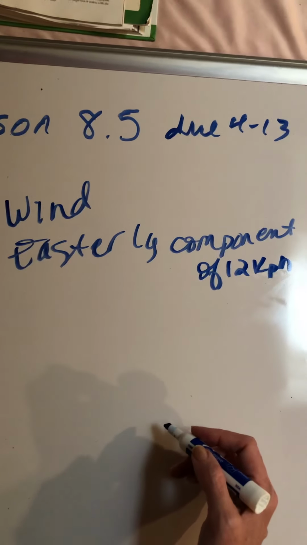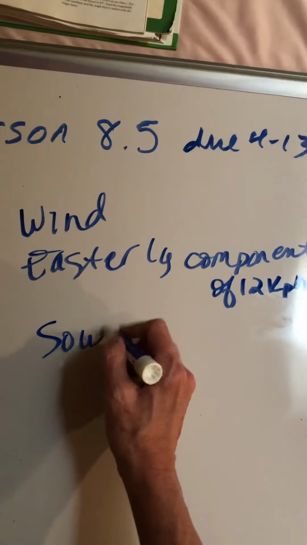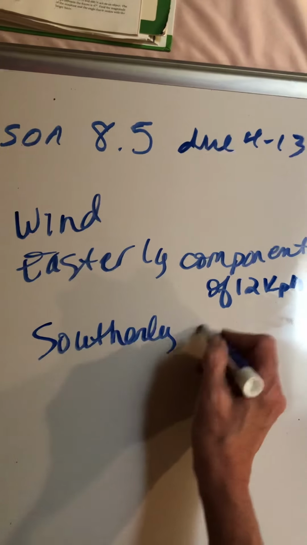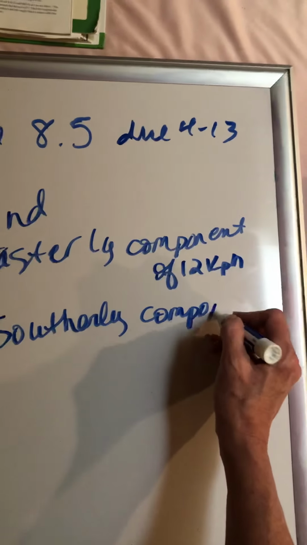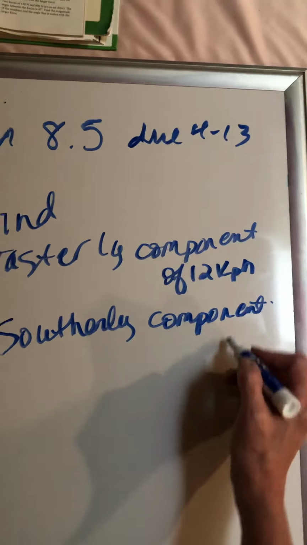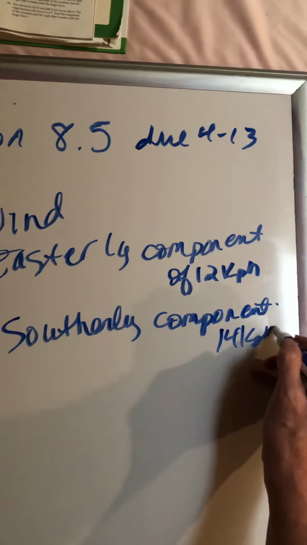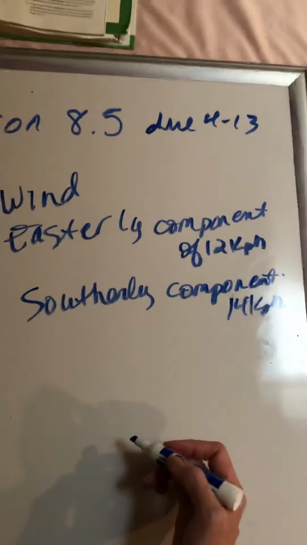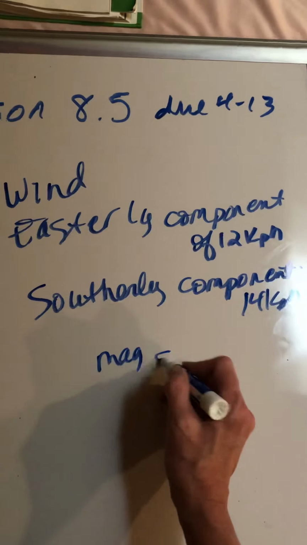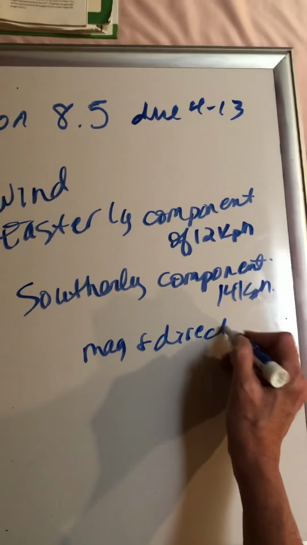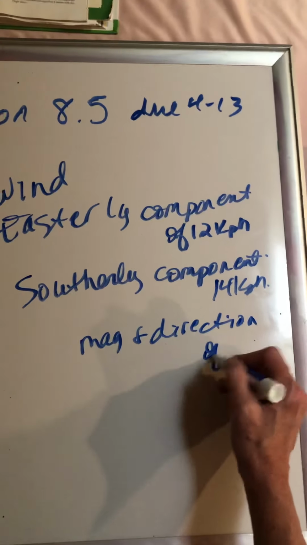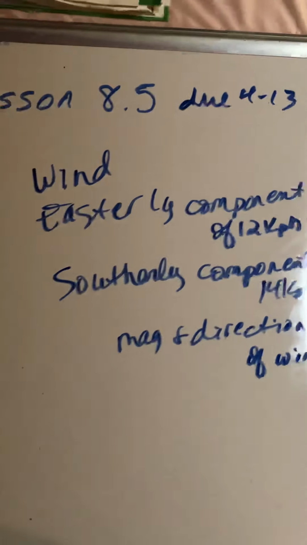Then you've got a southerly component of 14 kilometers per hour. We want the magnitude and direction of the wind. So we need to be careful here, because this is where we've got an easterly and southerly component.